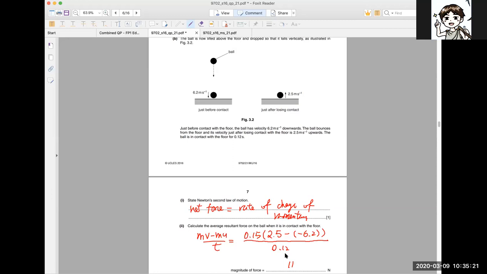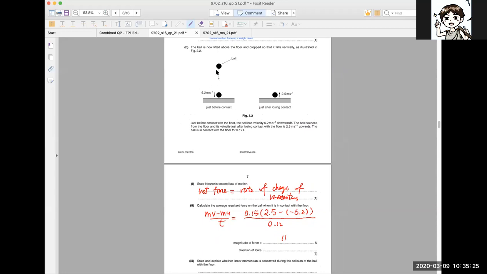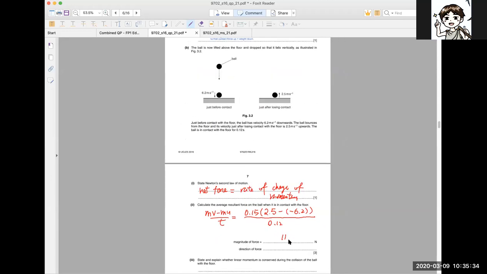And then what should be the direction of the net force? So it's initially dropping and then it will rebound. So that means the net force should be upwards because it rebounds, okay?